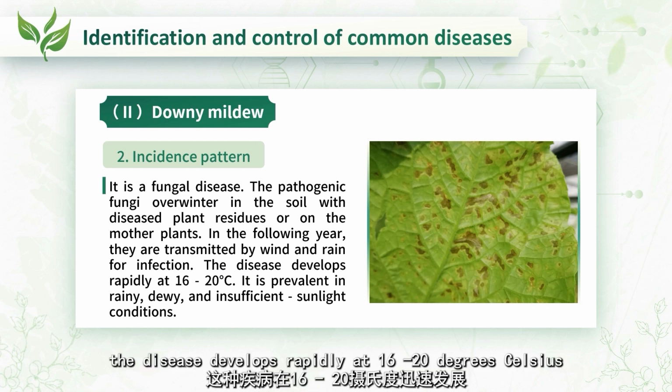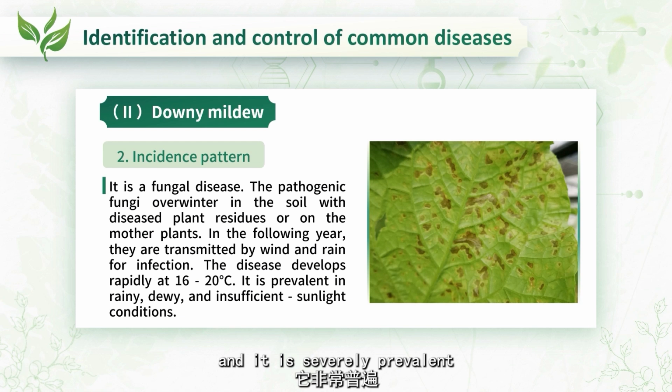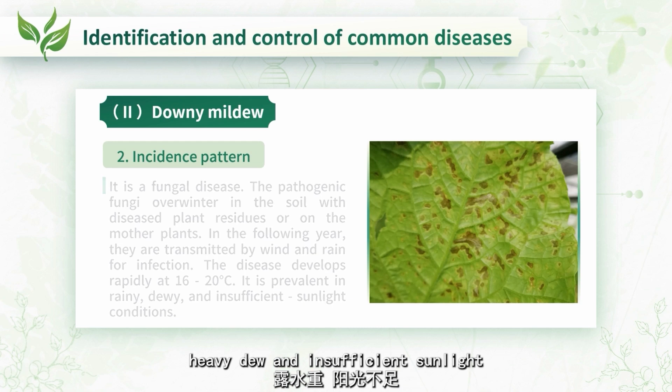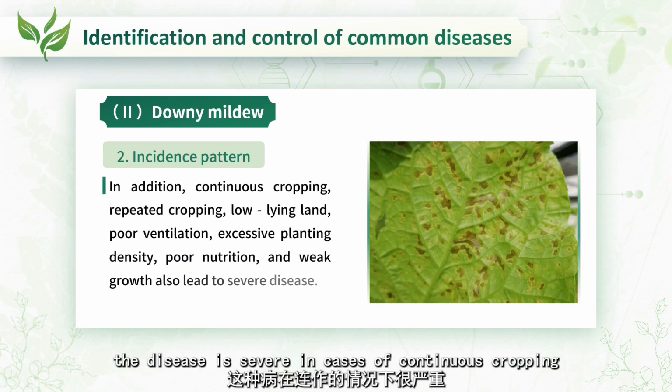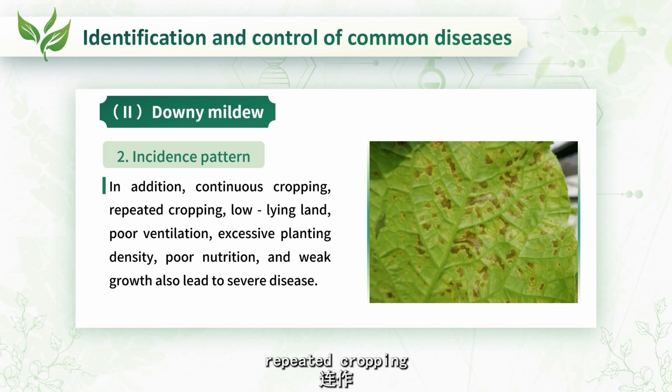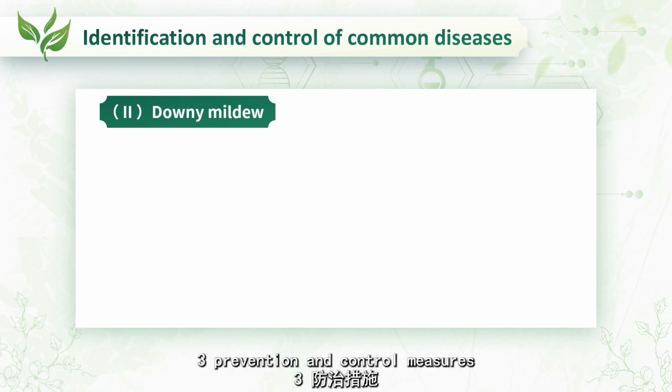The disease develops rapidly at 16-20 degrees Celsius, and it is severely prevalent in conditions of rainy weather, heavy dew, and insufficient sunlight. In addition, the disease is severe in cases of continuous cropping, repeated cropping, low-lying land, poor ventilation, excessive density, malnutrition, and weak growth.